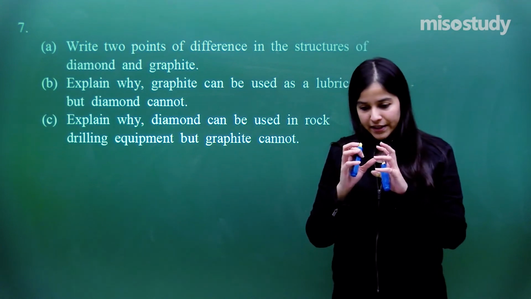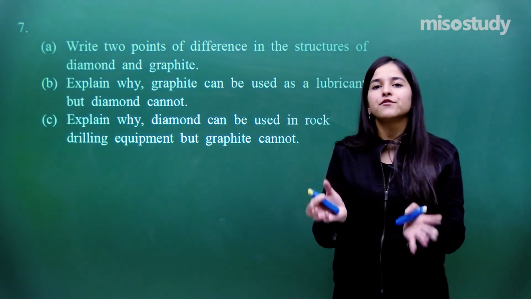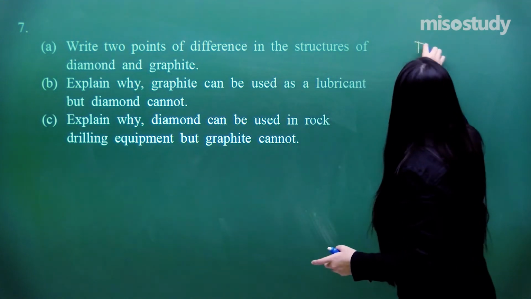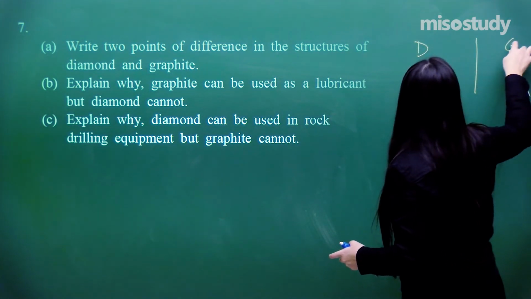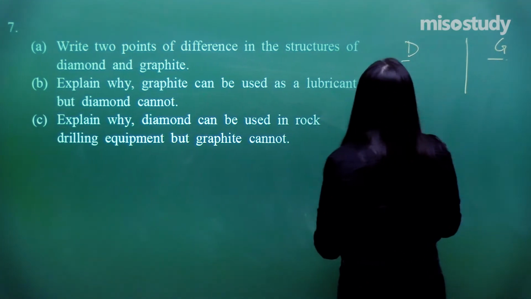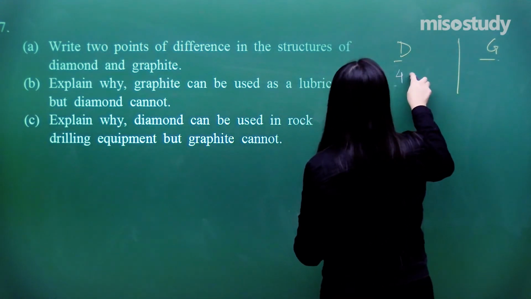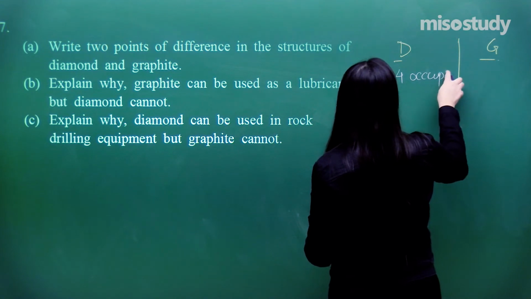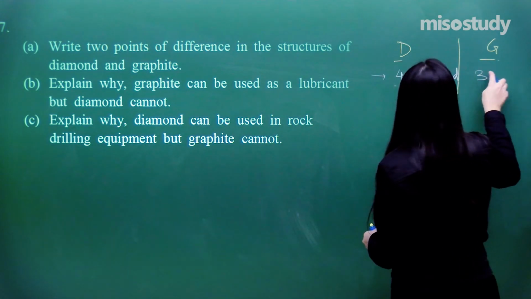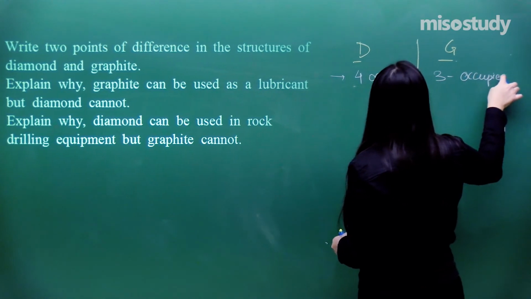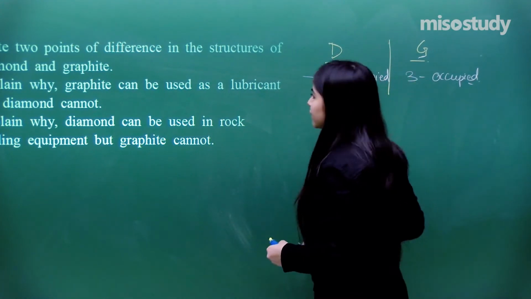In diamond, each and every carbon is associated with 4 carbons. So if I talk about diamond and graphite, in diamond all 4 positions, 4 valencies, are occupied, whereas only 3 valencies are occupied in graphite.